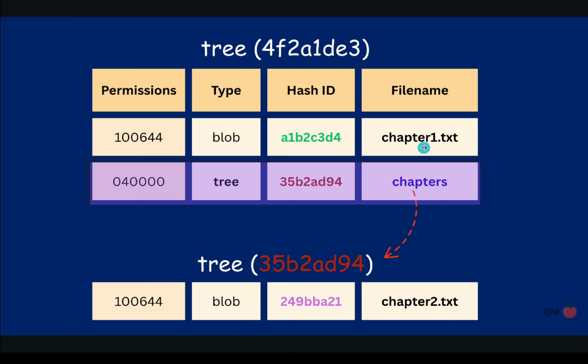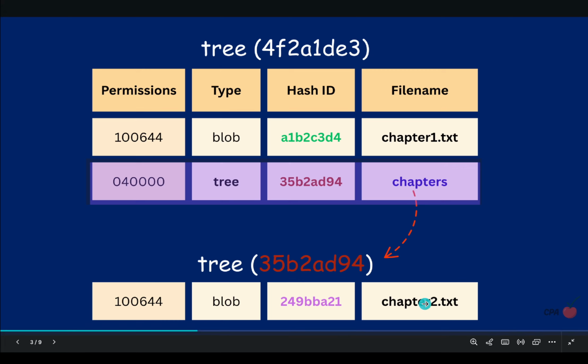And the tree is basically a mapping that maps file names or directory names to their hash ID. So for example, chapter 1 is mapped in this first row to this blob ID or hash ID. And chapters has its own ID. And since it's a tree, it itself maps the chapter 2 file to the version of that chapter 2, or to the blob ID of chapter 2.